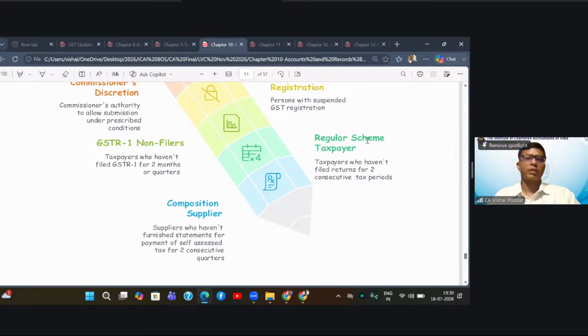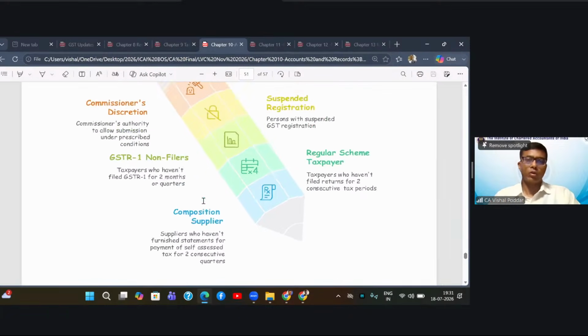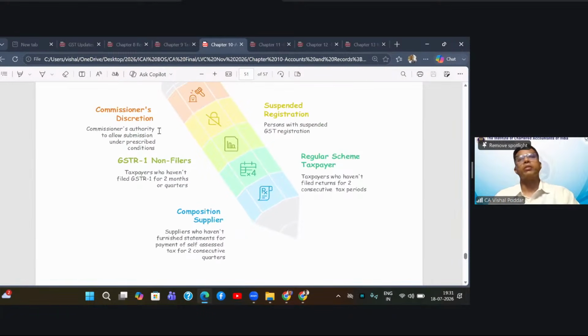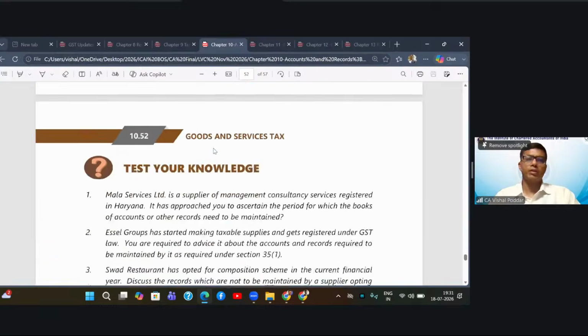If the person is under the regular scheme and hasn't filed returns for 2 consecutive tax periods, where the taxpayer has not filed its GSTR1 for 2 consecutive tax periods, and in case of a composition supplier, the supplier hasn't furnished the statement for payment of self-assessed tax for 2 quarters. So in all these cases, on the basis of the commissioner's direction, your e-way bill Part A generation may be restricted.